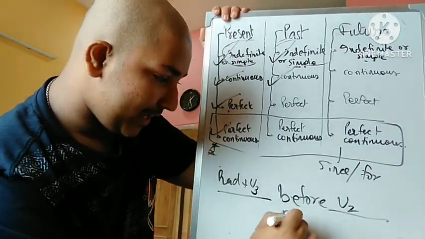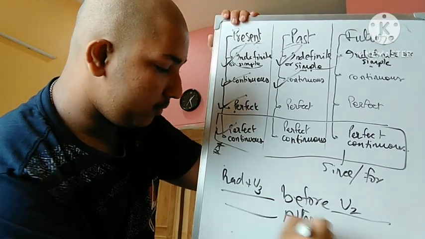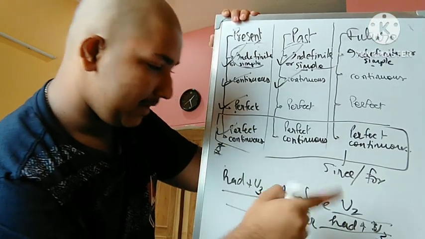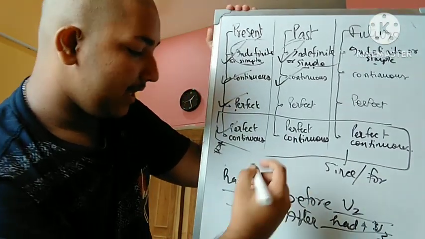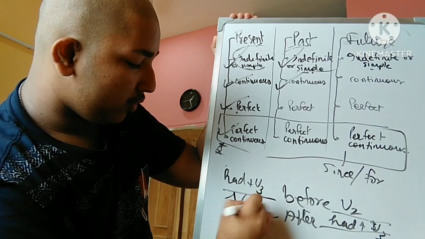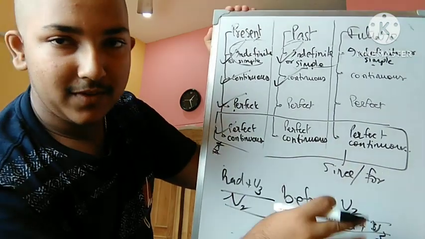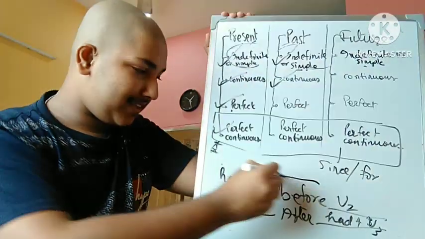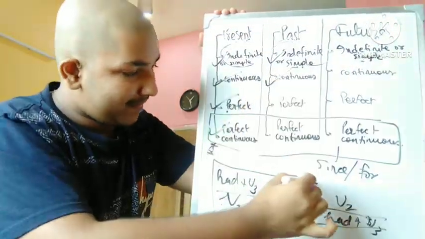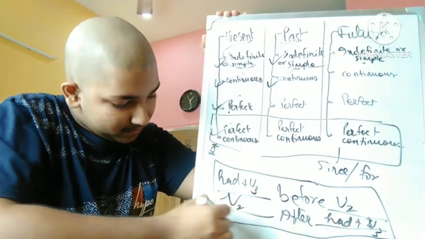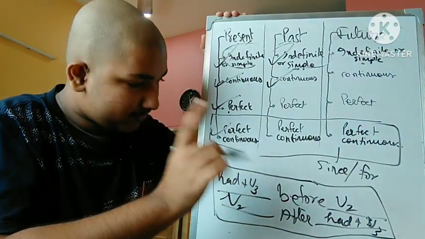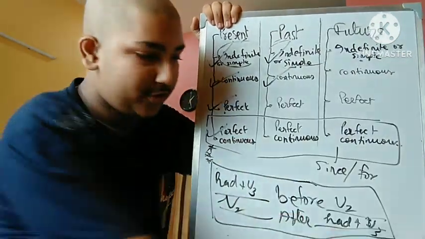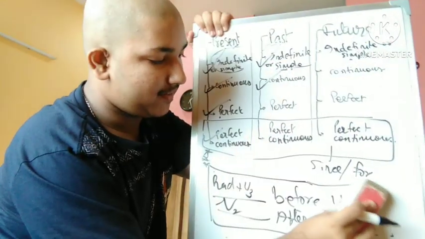But if the word after is there, we will always put had plus V3 after the word after, and the V2 form of the verb we are supposed to put before after. This is the main concept of past perfect, so do note that. It is very important. I suppose that you have understood this very well. I am erasing this.